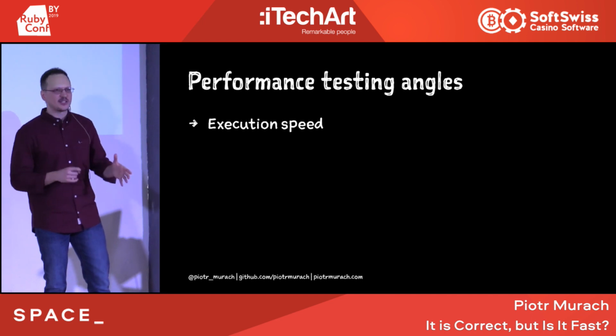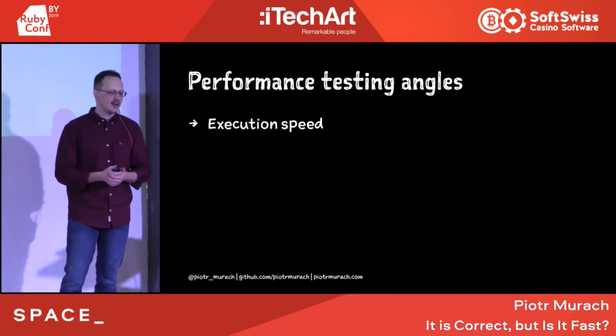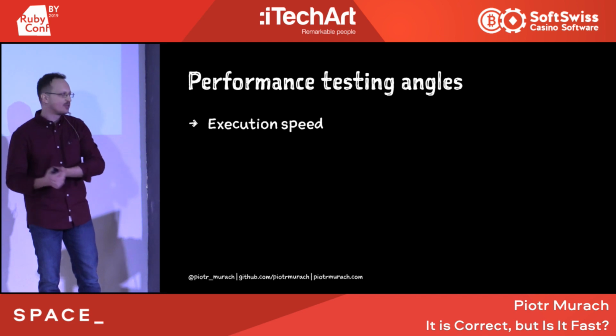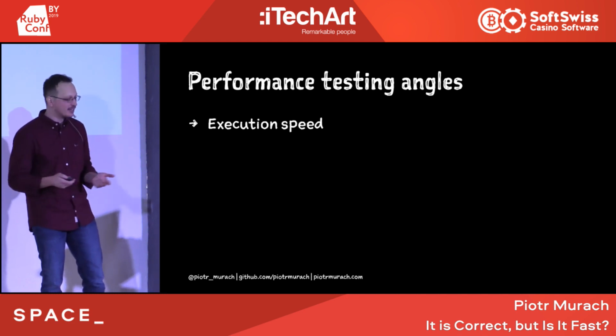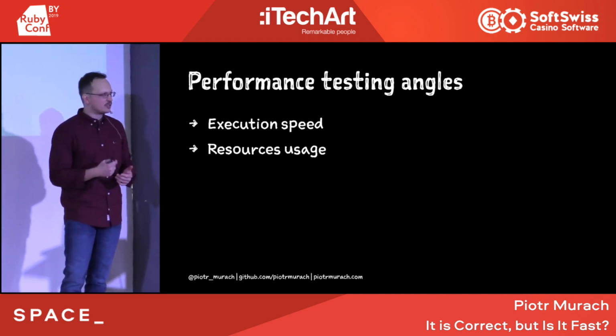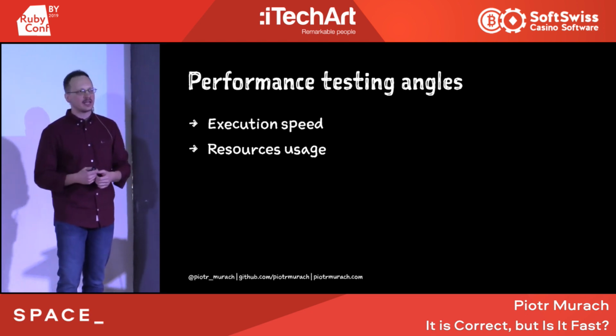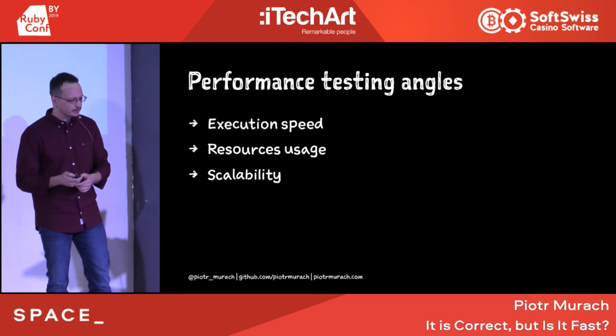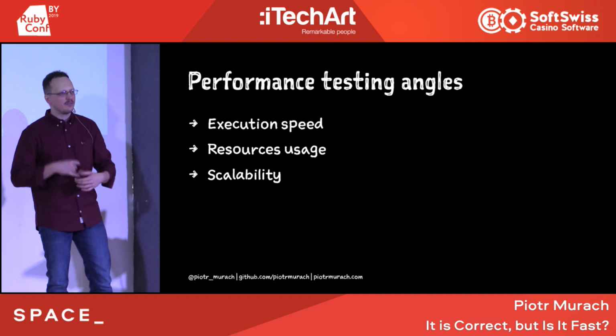The way I decided to look at the performance of code is through execution speed, which is basically how fast your code runs; resource usage, which has to do with how much memory you allocate and how many objects; and finally, the idea of scalability. If you increase workloads for your code, method, whatever it is, how does it behave? Is it getting progressively slower?